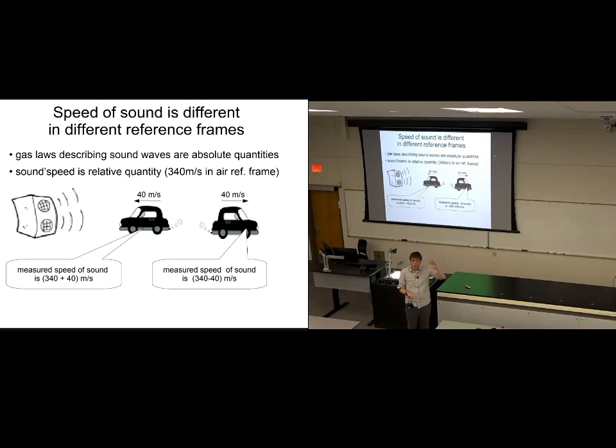It depends on whether your reference frame is the reference frame of the air, in which you're going to see 340 meters per second because the sound waves are oscillations in the air, or your reference frame is not the air. You're moving to the right through the air, or you're moving to the left through the air. Then you'll see different speeds. So sound speed is a relative quantity, and that makes a lot of common sense as we imagine the sound moving through the air.